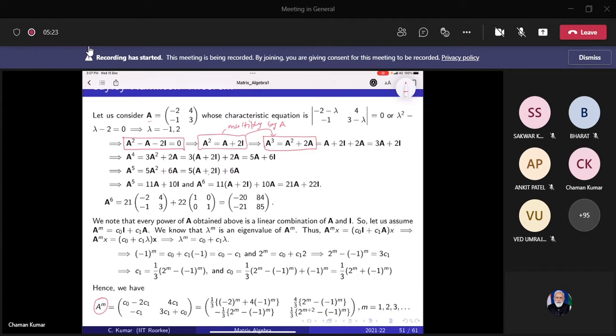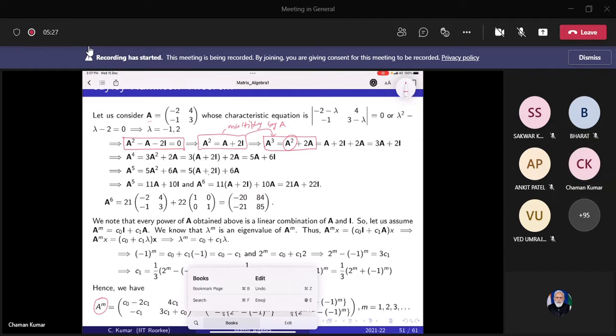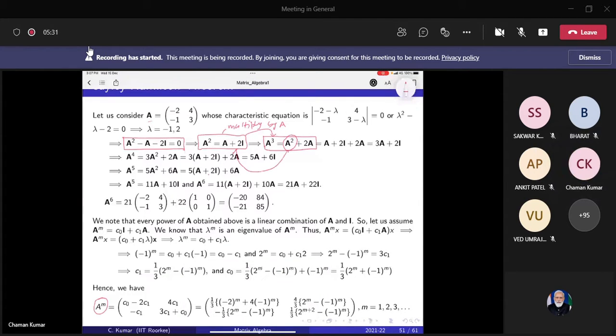Now, we have this A square on the right hand side. And from the previous relationship, A square is A plus 2I. So we can replace this A square by A plus 2I. Fine. And another 2A is there, so that we do not change.